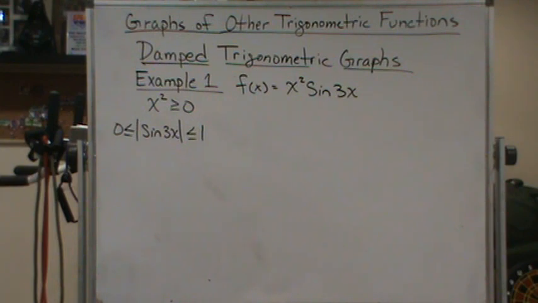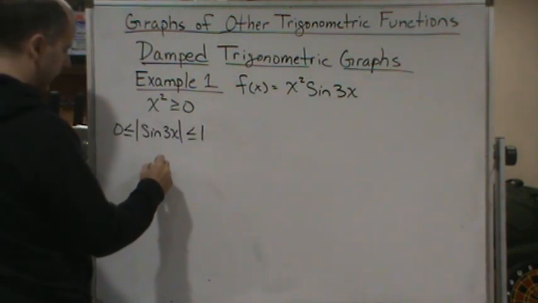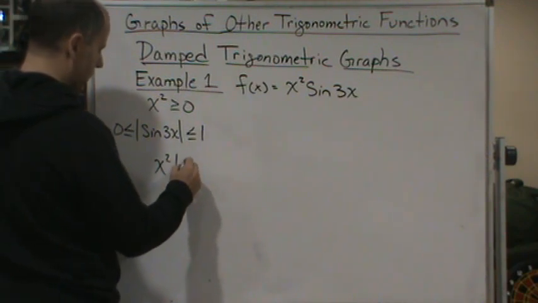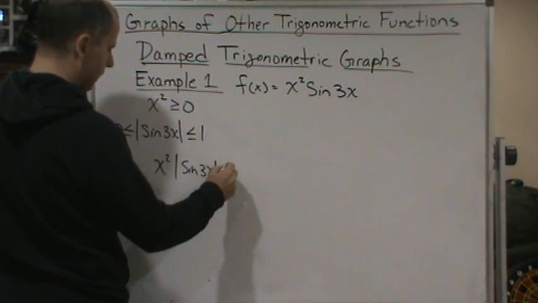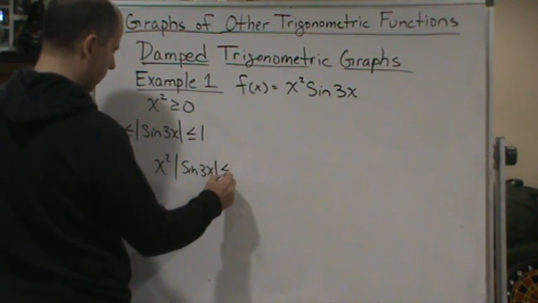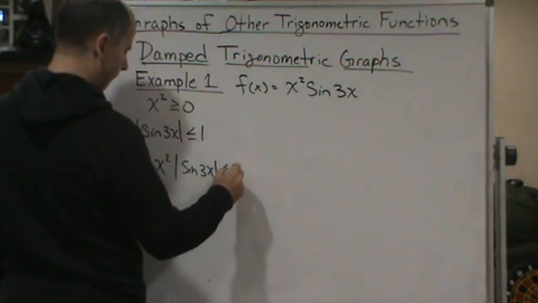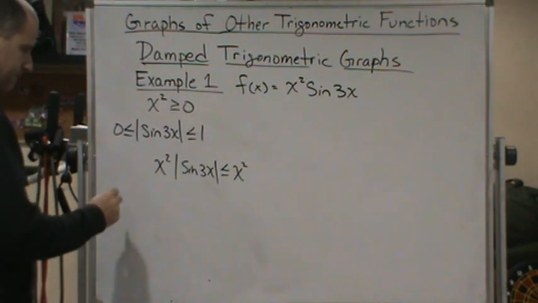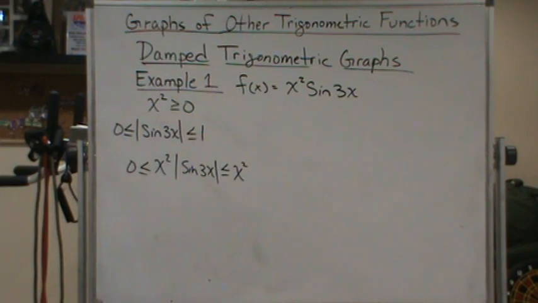Okay? So if we put both of these together, then we know that the absolute value of x squared times sine 3x is going to be less than or equal to x squared and greater than or equal to 0.